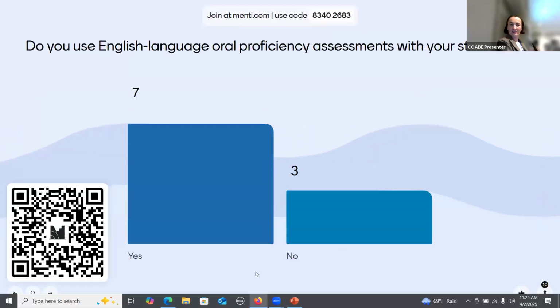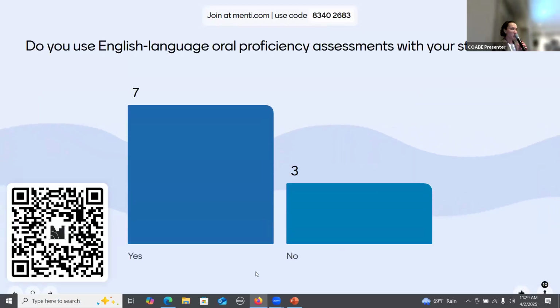Will this work? It does. So the next question was, do you use English language oral proficiency assessments with your students? And 7 folks said yes. That's great. And 3 folks said no. I wonder, out of the folks who said no, are you here because you're thinking about using an oral language proficiency assessment, or is it because you're a publisher and you don't do that kind of thing?